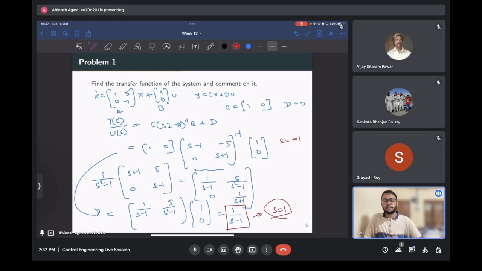When you have a system with some controllable modes and some uncontrollable ones, only the controllable parts get represented in the transfer function, and the uncontrollable eigenvalues do not. So that is what you see here, 1 by s minus 1. Only the s equal to 1 pole, which was controllable, appeared, while the uncontrollable one did not. Right? Is it clear?